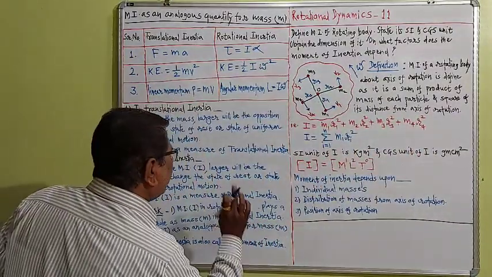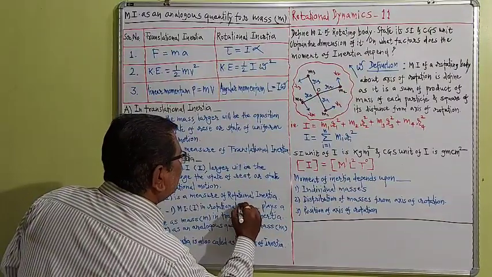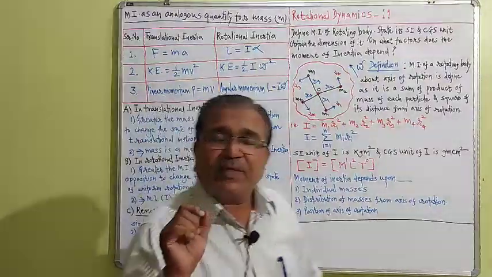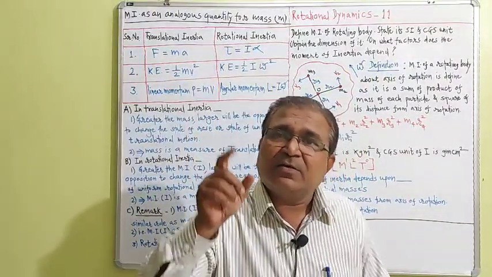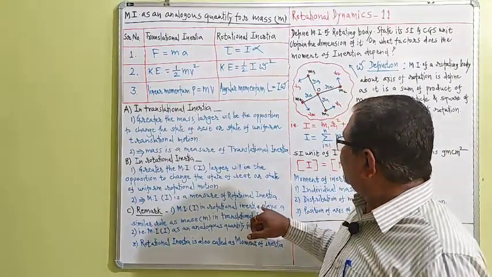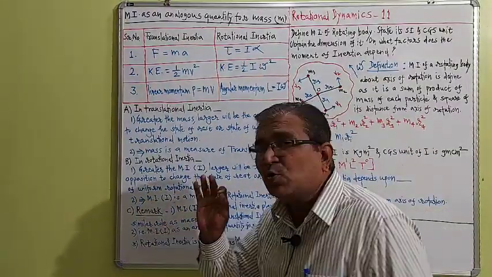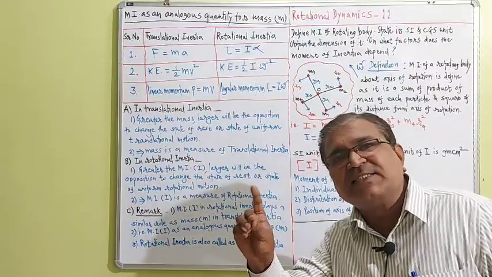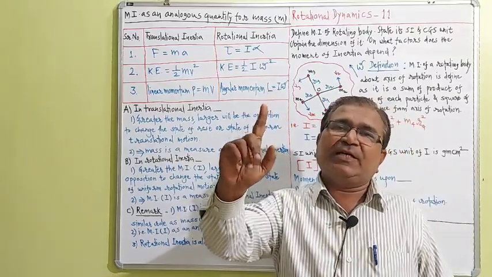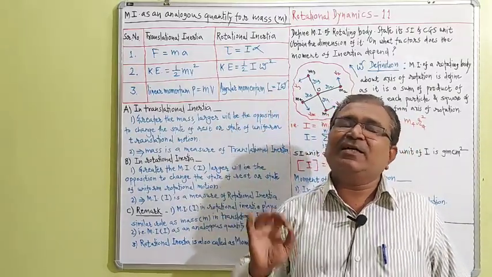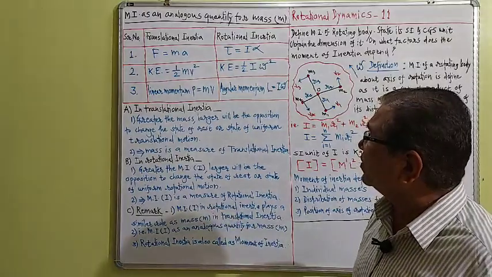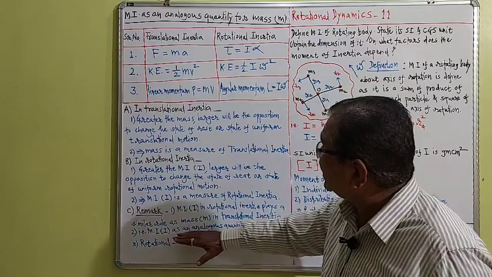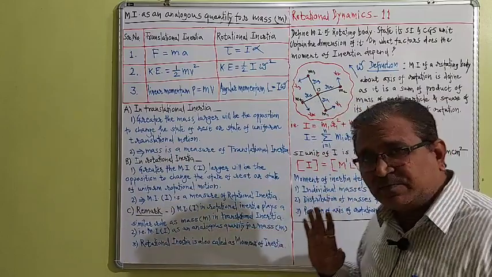Moment of inertia, capital I, in rotational inertia plays a similar role as that of mass, small m, in translational inertia. This is an important remark. Or from this sentence we can write moment of inertia, capital I, as an analogous quantity for mass.